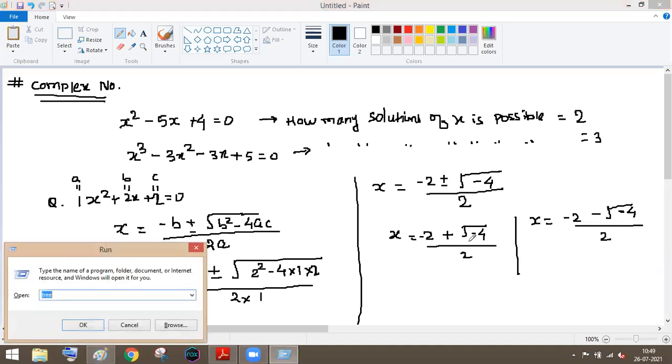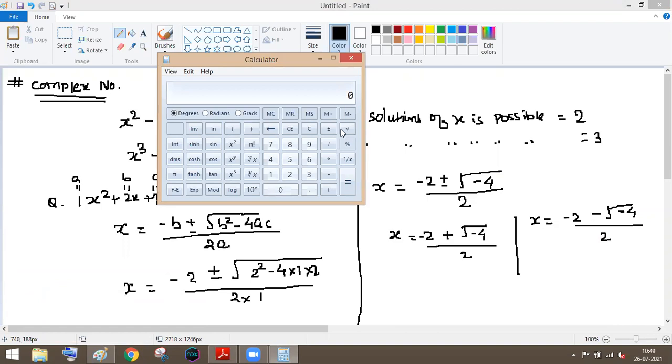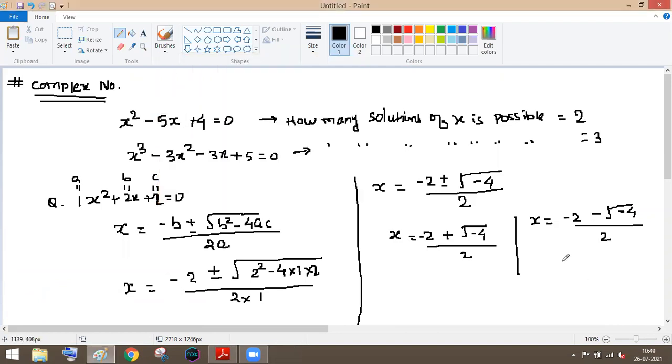But if you calculate this, let's check what is the root over minus 4. We don't have any value for root over minus 4 in the real number. Then how will we get x?